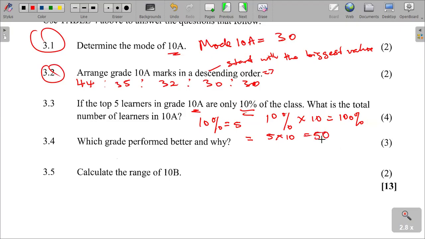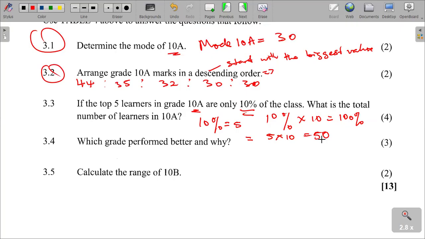So 10% times 10 gives us 100%, and 5 times 10 gives us 50. Therefore, we get 50 learners there.